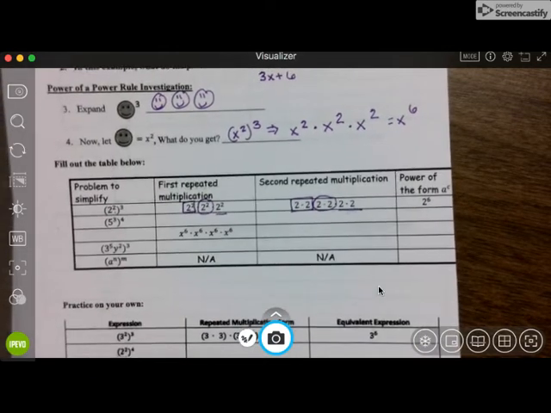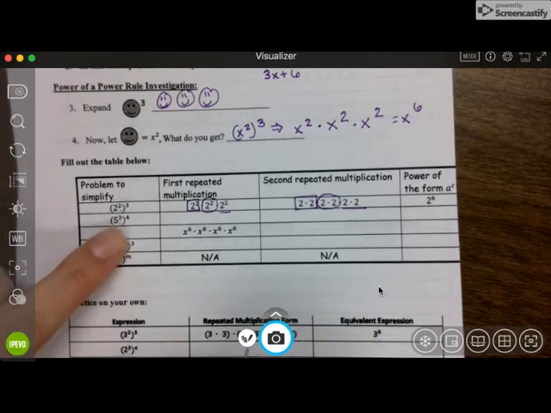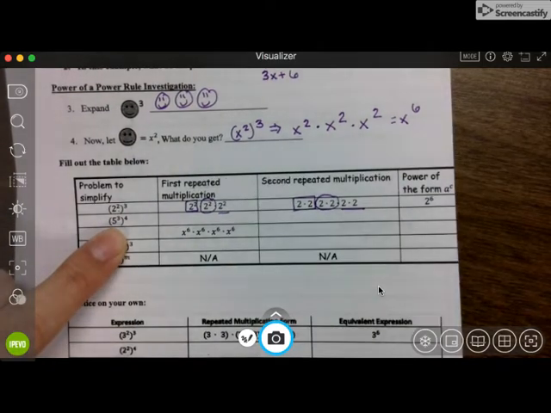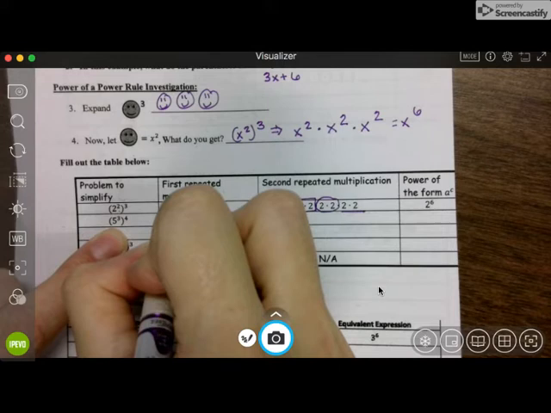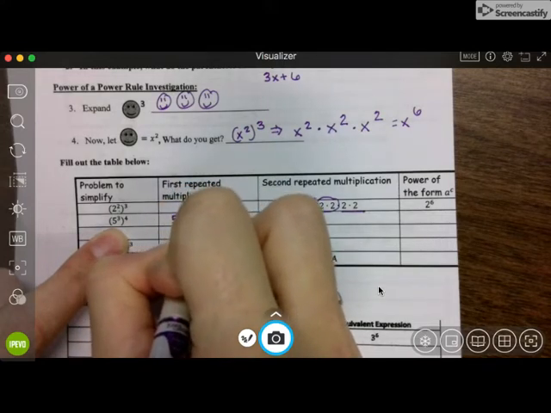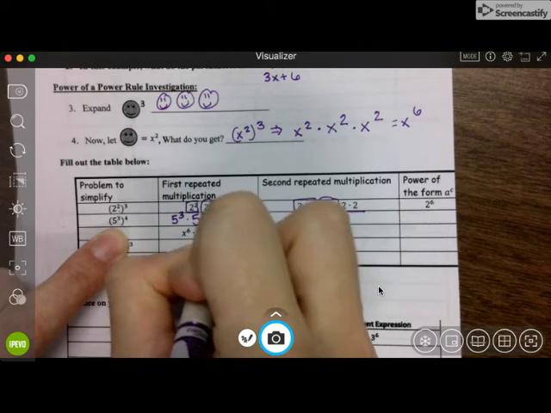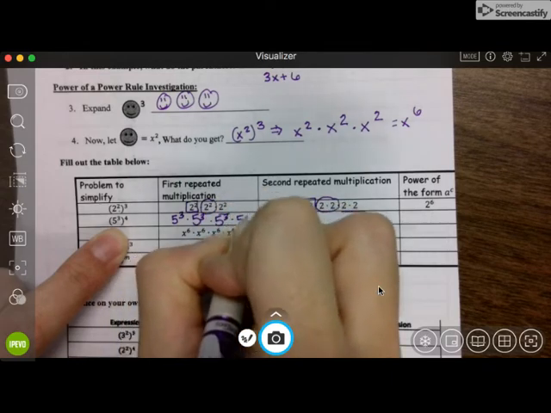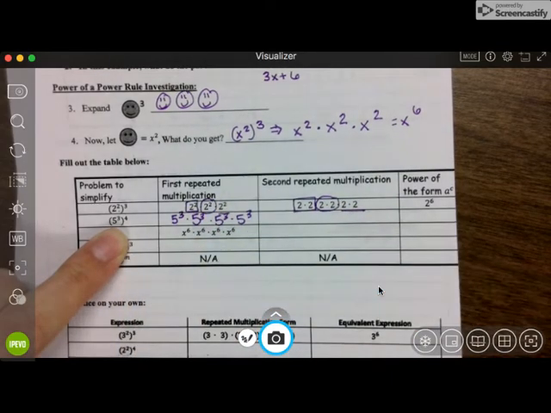So if you look at the next one, we have 5 to the 3rd, all raised to the 4th power. So 5 to the 3rd times 5 to the 3rd times 5 to the 3rd times 5 to the 3rd.